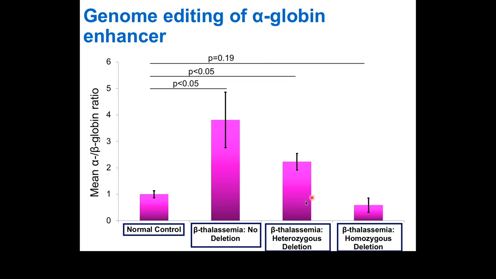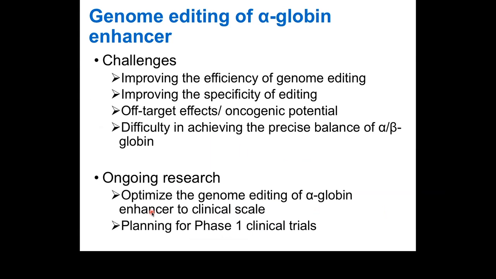This bar shows that when we mutate the enhancer of alpha globin, it brings down the alpha to beta globin ratio to near normal values. So what we propose is, by this method, we will be able to reduce the alpha to beta globin imbalance in erythroid cells of patients with beta thalassemia.